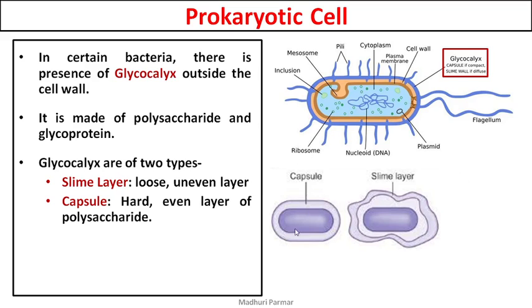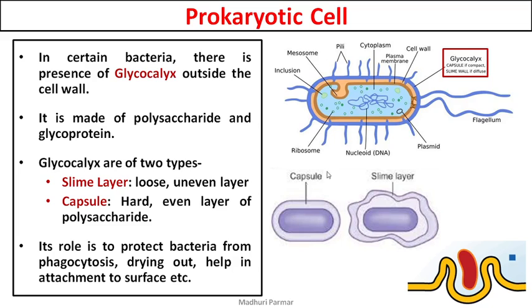Now, what is the role? Why is this needed? So, the role is in protection. This capsule as well as the slime layer protects the cell. Specifically, the slime layer. If it is very slimy, if it is very sticky, then what will happen? That the WBCs, which normally do phagocytosis, right, to kill bacteria, to eat bacteria, if the bacteria has this slimy outer cover, they will slip through the phagocytic cells.